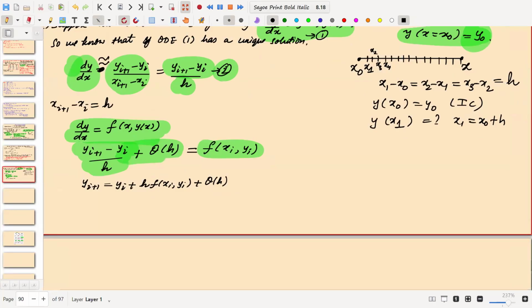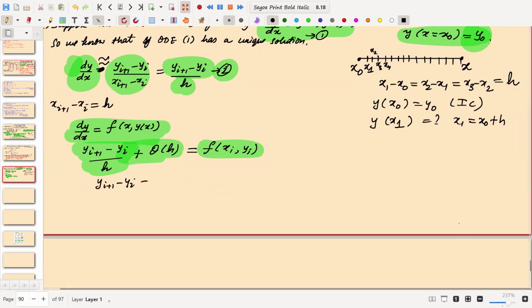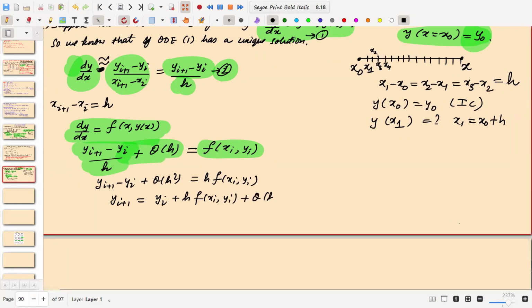So this is incorrect. Rather, you will have yi plus 1 minus yi plus order of h square is equal to h into f of xi, yi. Therefore, our job is to find yi plus 1. So you will get yi plus h f of xi comma yi, and then order of h square will be there.